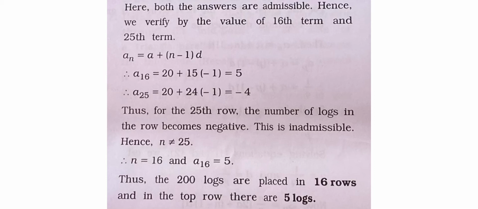So for the 24th row, the number of logs becomes negative if we take n is equal to 25, which is inadmissible. So n is equal to 16 and a16 is equal to 5, which means that 200 logs are placed in 16 rows and the top row is having 5 logs.